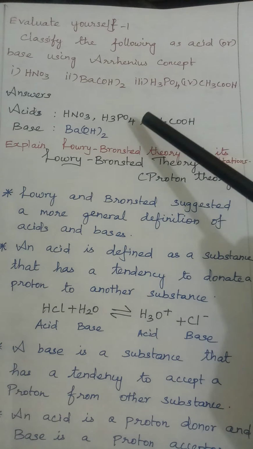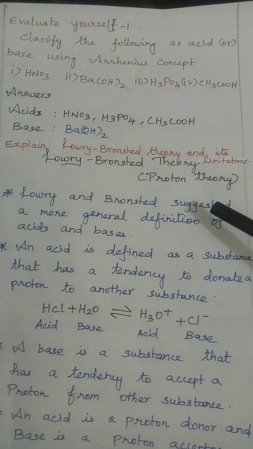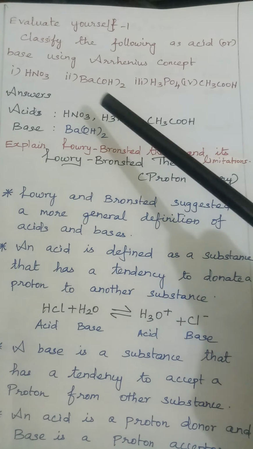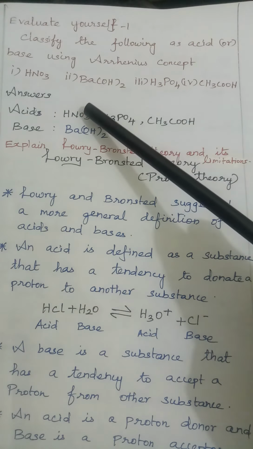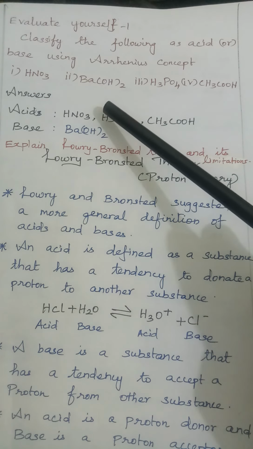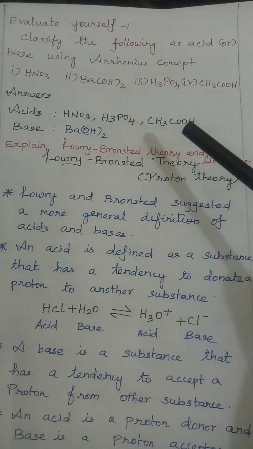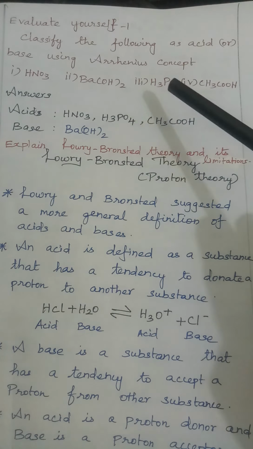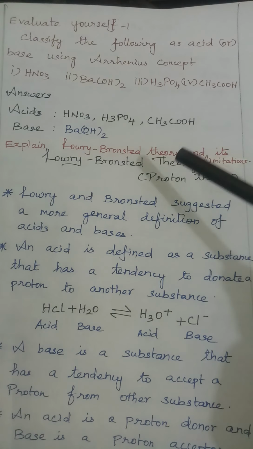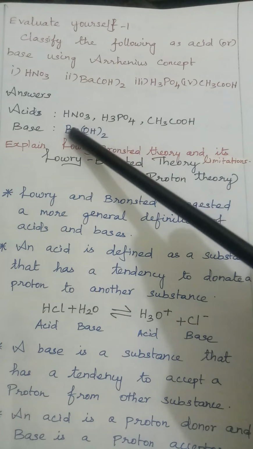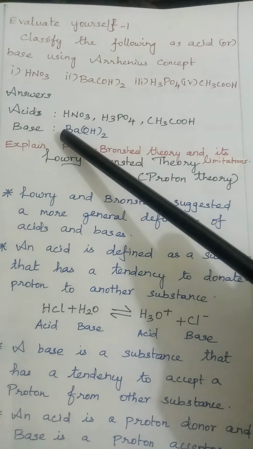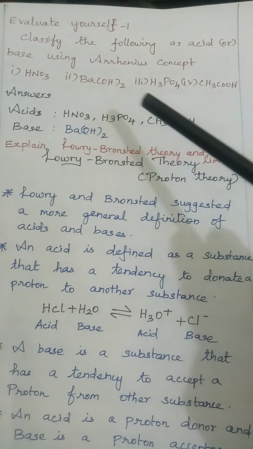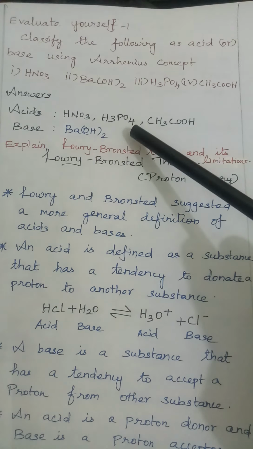How to say that these are acids? Suppose you take HNO3. HNO3 is dissolved in water and produces H plus ion. H3PO4 dissolved in water produces H plus ion. Acetic acid dissolved in water produces H plus ion. Why do you say that barium hydroxide acts as a base? Barium hydroxide is dissolved in water and produces OH minus ion.